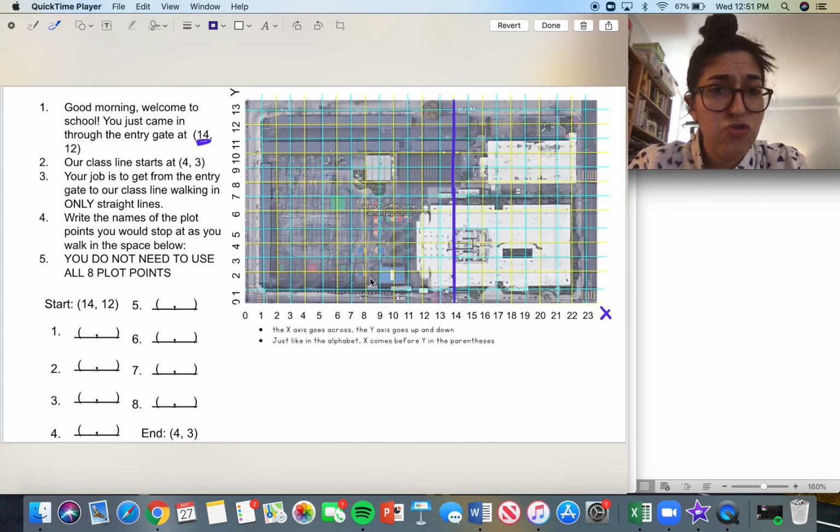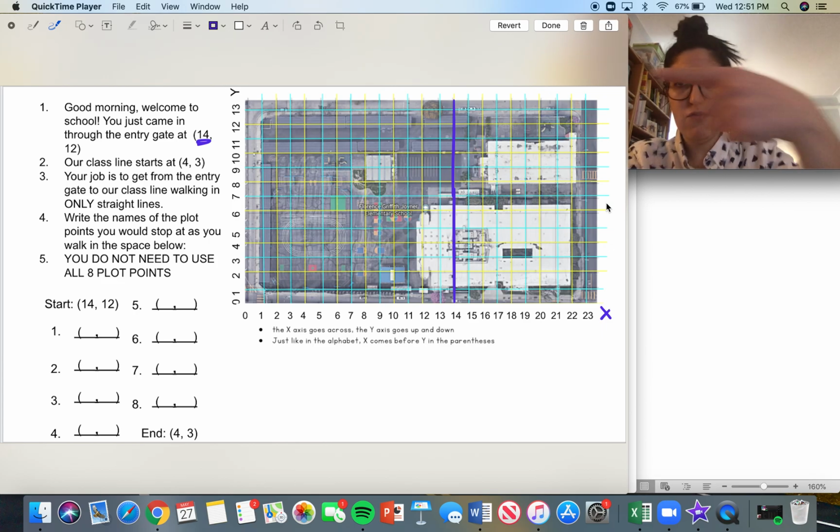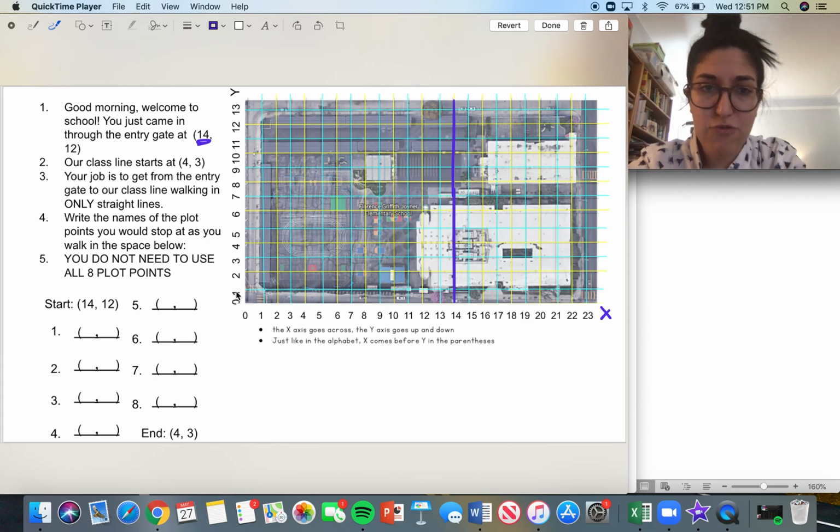I know it looks like an up and down line, but it's saying it's 14 this way. It went from 0 all the way to 14. And up and down is 12, the y-axis.